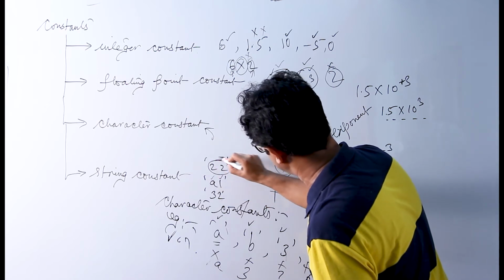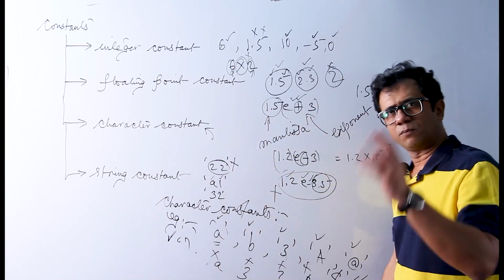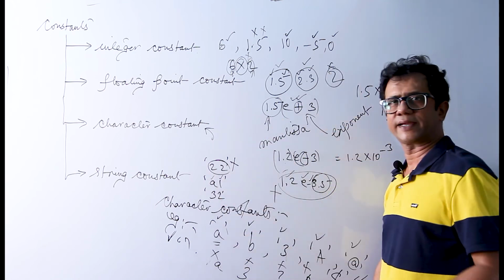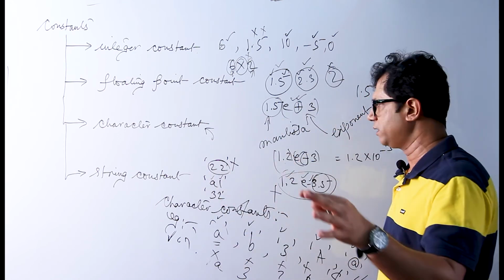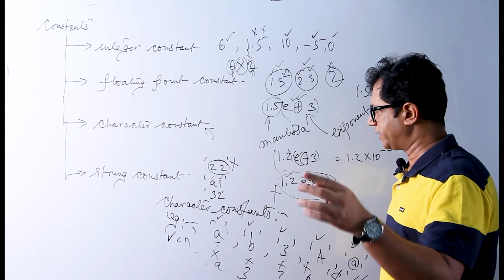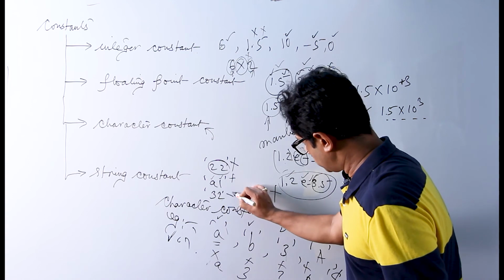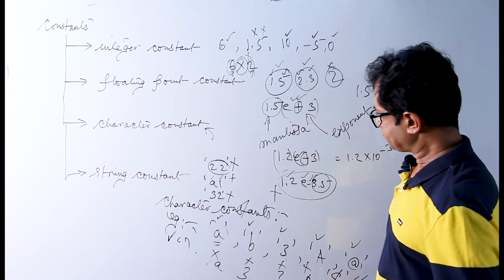But since both are containing two characters, in spite of the fact that they are placed within single quote, they are not to be taken as valid character constants because a character constant doesn't contain two characters. So this is also an invalid one. This is also an invalid one due to the same reason.